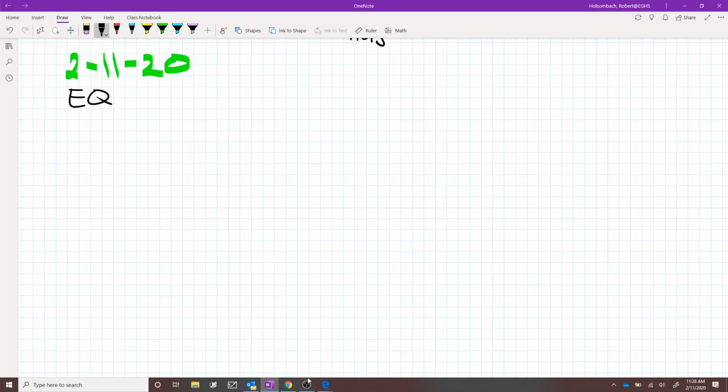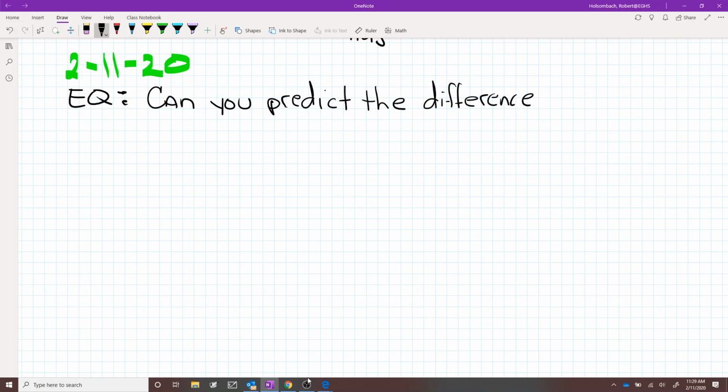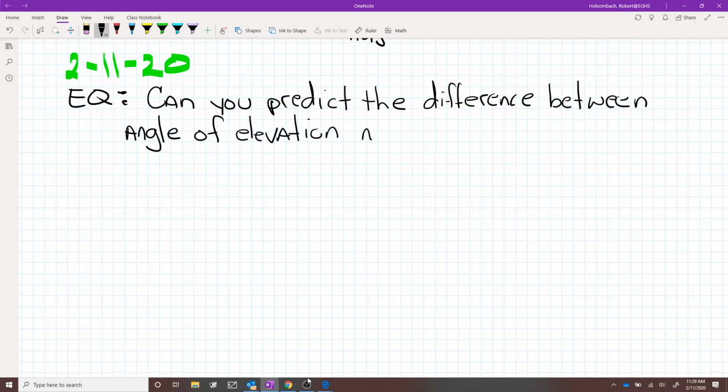The essential question for this section is, can you predict the difference between angle of elevation and depression?